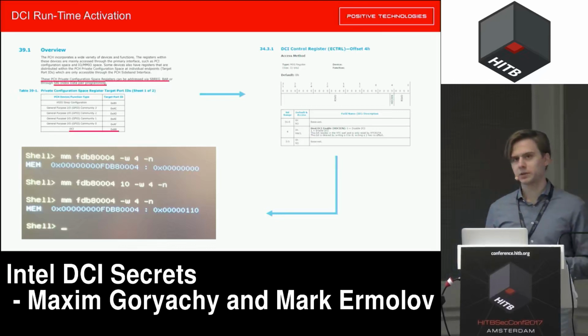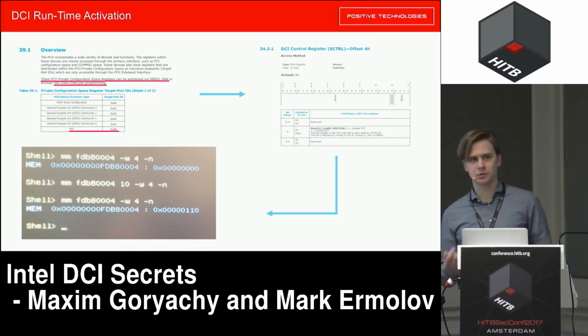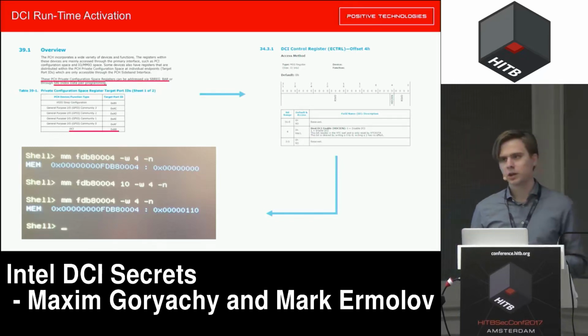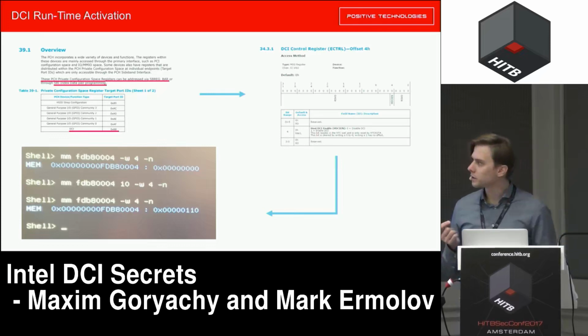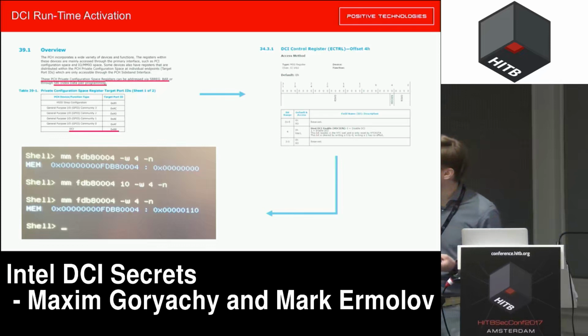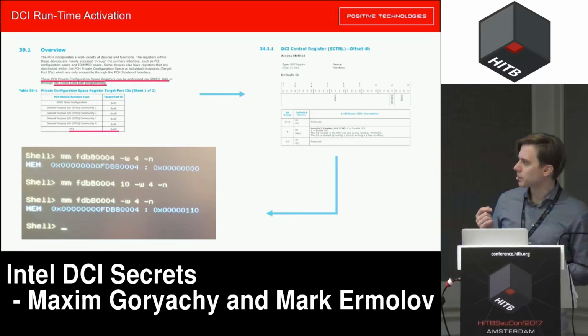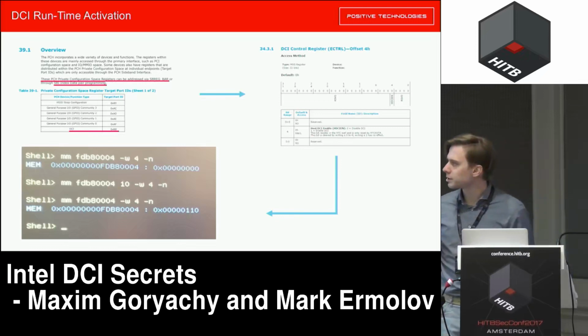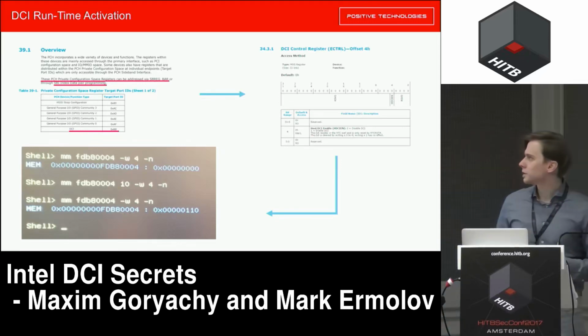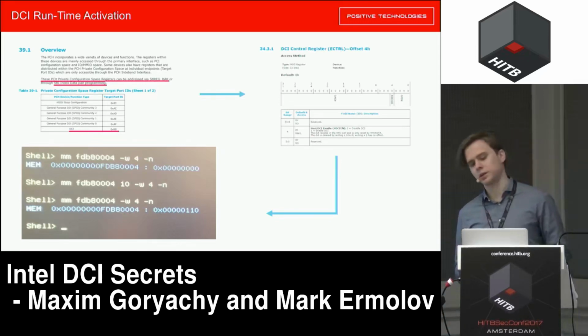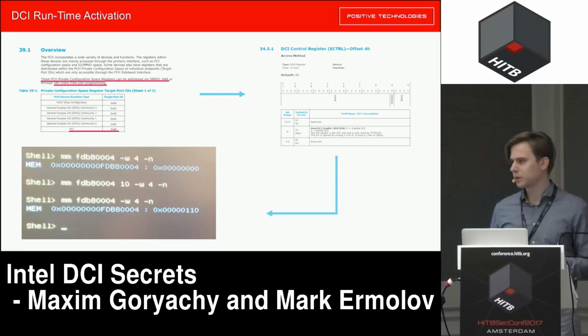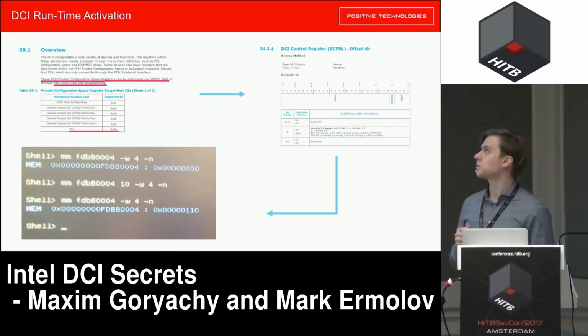How can you activate the device which is connected through sideband? You now need a special index, called the target port ID. In the documents, we found that for DCI, its index equals B8. You shift this index by 18 and write 10 in hex in the DCI control register.